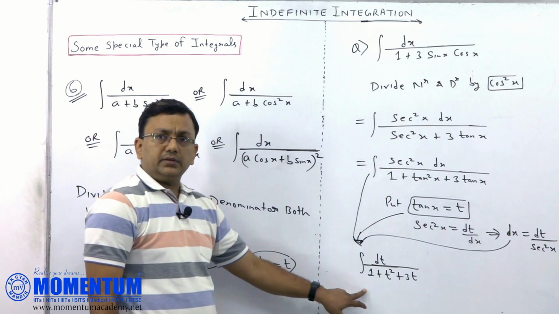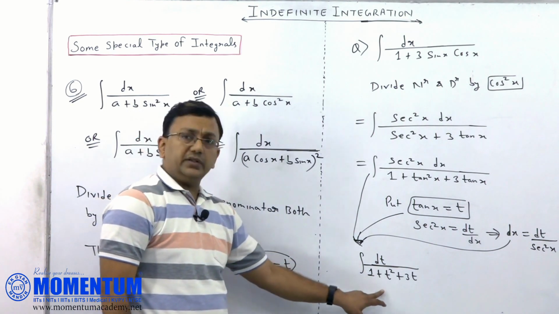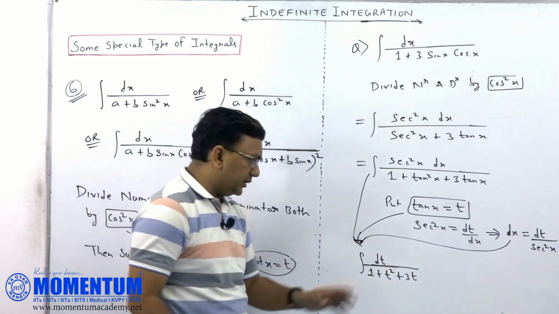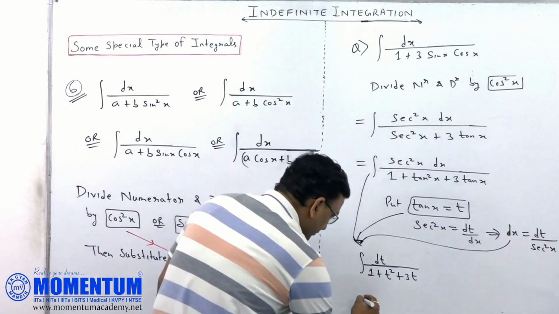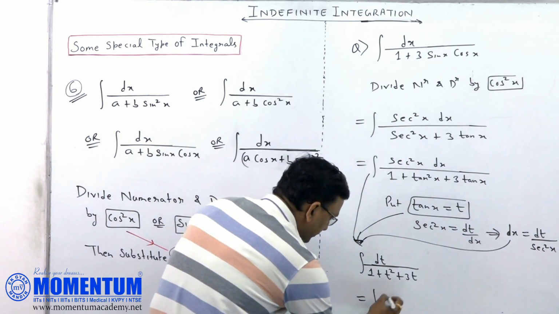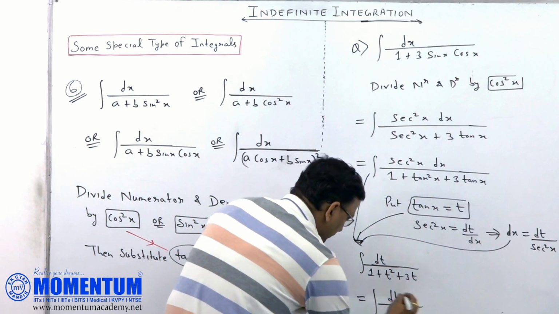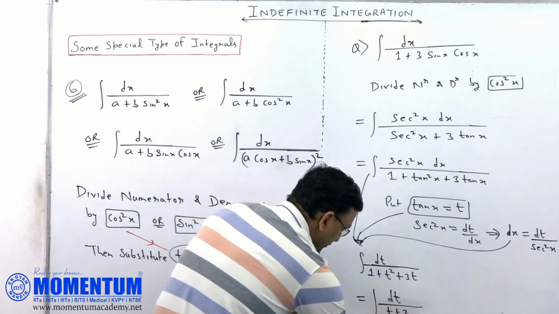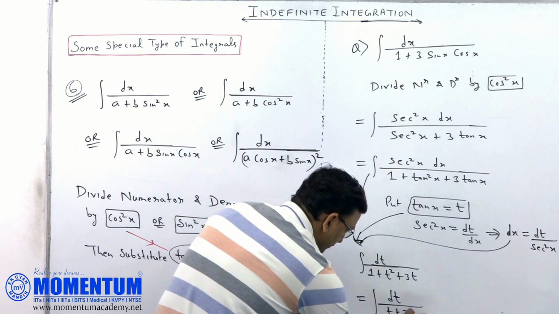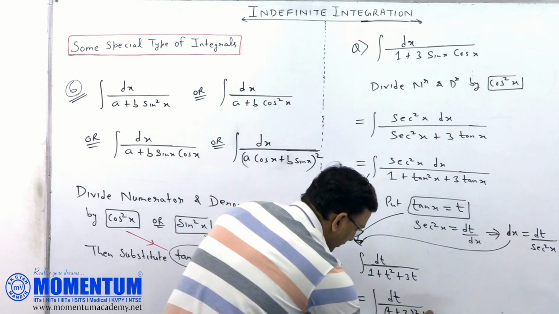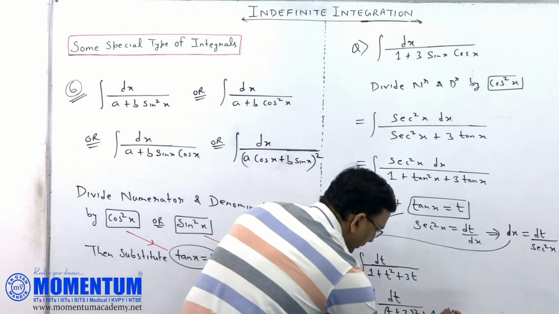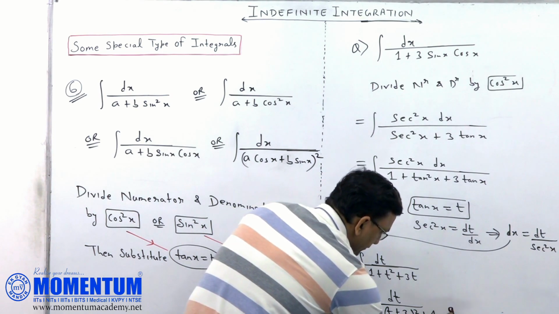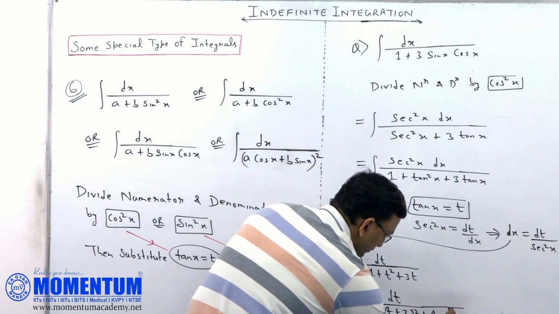Denominator has a quadratic. This will be our special integral number 3. How to complete it? We will write integration of 1 upon t plus 3 by 2 whole square plus 1 minus 9 by 4.